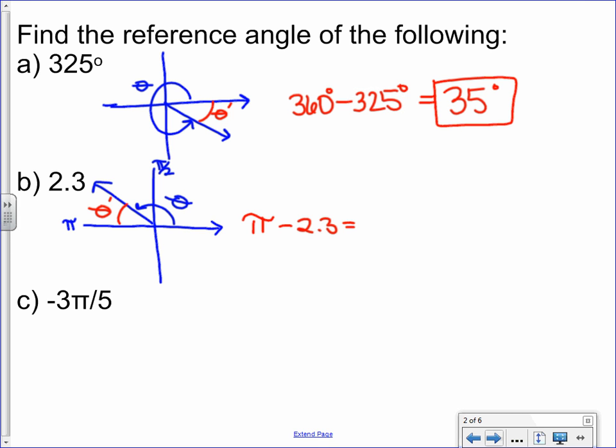Do you agree? 0.84? Is that better? Okay.